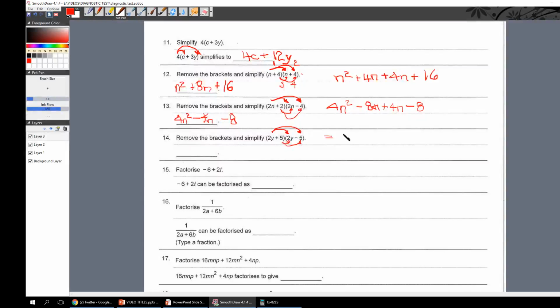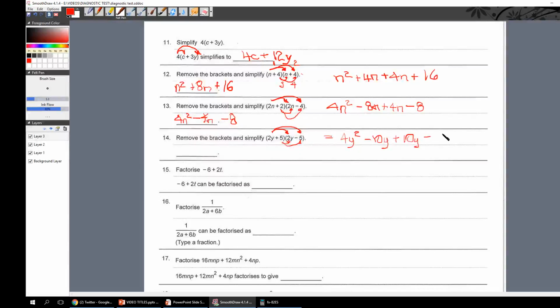So 2y all squared is 4y squared, minus 10y, plus 10y, and you can see that they're going to cancel out, plus 10y minus 10y.